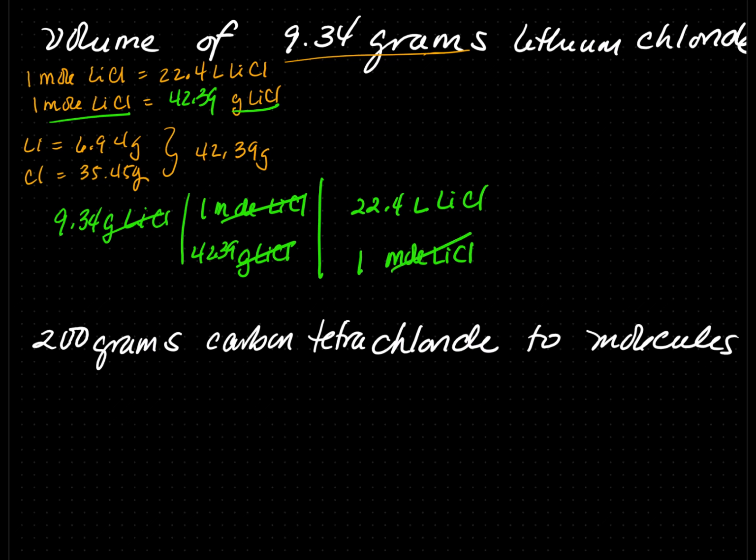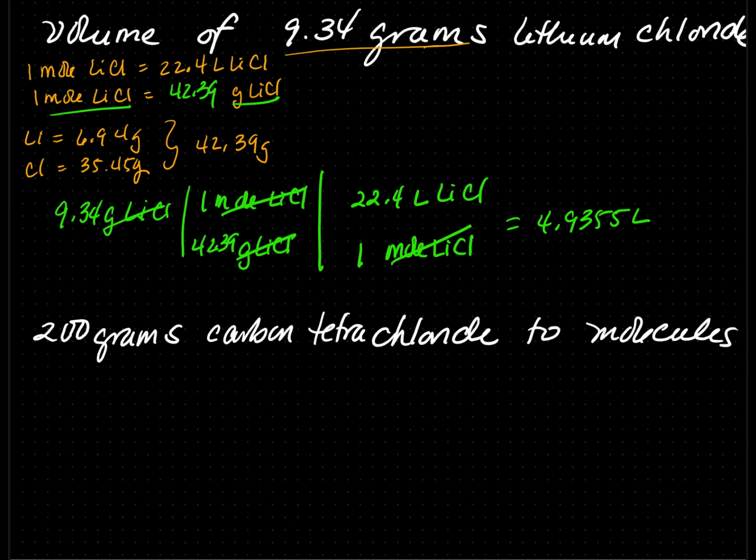So 9.34 times 1 times 22.4 divided by 42.39 times 1 equals 4.9355 liters. So now we do sig figs. Conversion factors don't count. There's 3 in the initial number, so I need 3 in my final answer. 1, 2, 3. I look 1 to the right. The 3 rounds up, so it's 4.94 liters of lithium chloride.